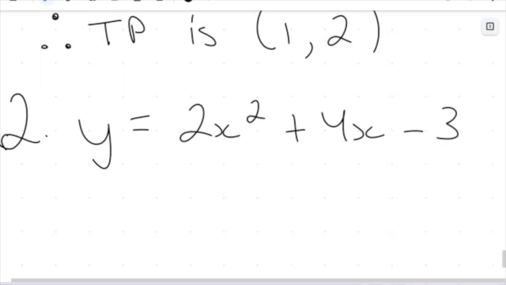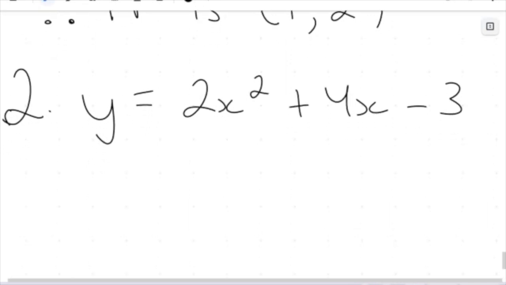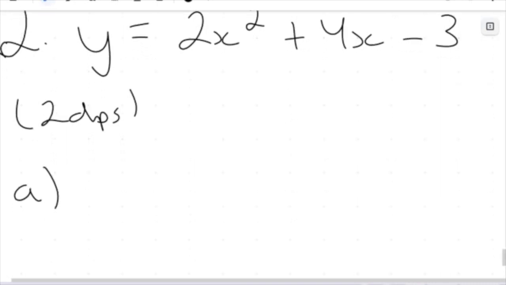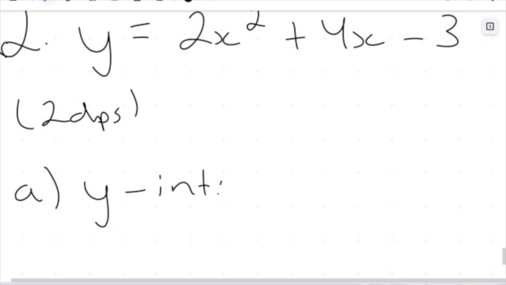And to do this, we want to label all the significant points. So my x-intercept, my turning point, my y-intercept, and we want to round my x-intercept to 2 decimal places. Okay, now we are going to systematically find all of the important bits. So first, let's find my y-intercept, because that's typically the easiest thing to do. So my y-intercept happens when x equals 0.